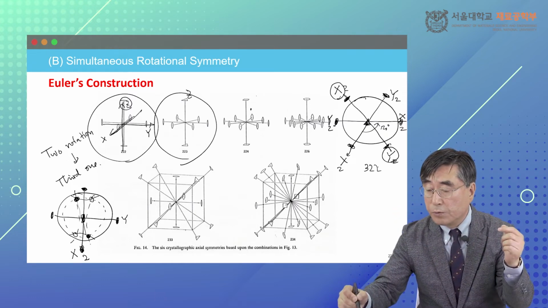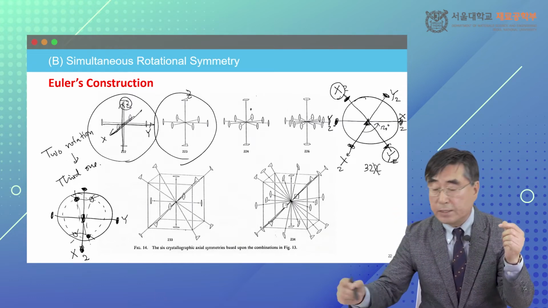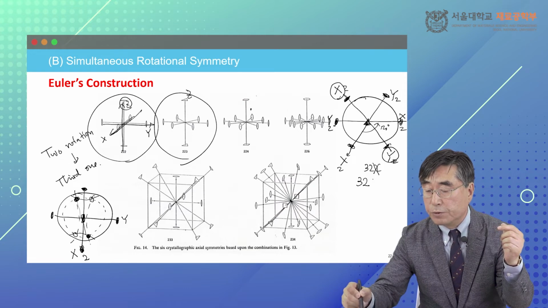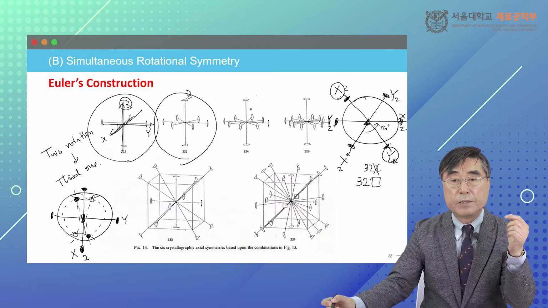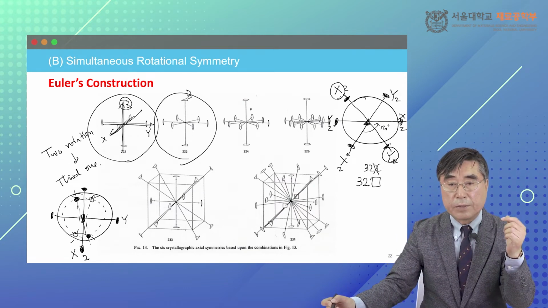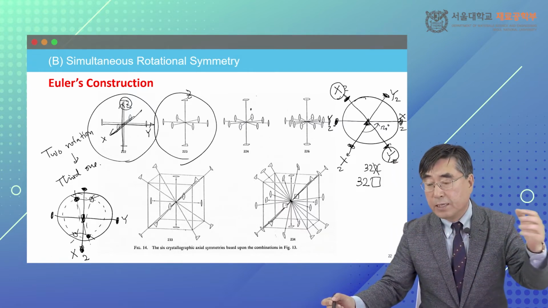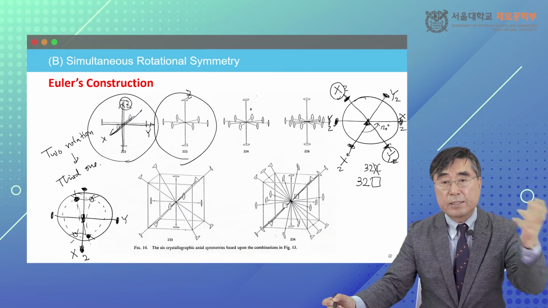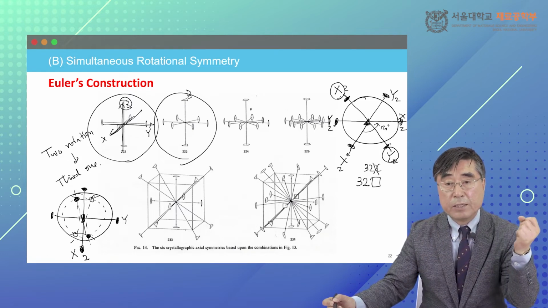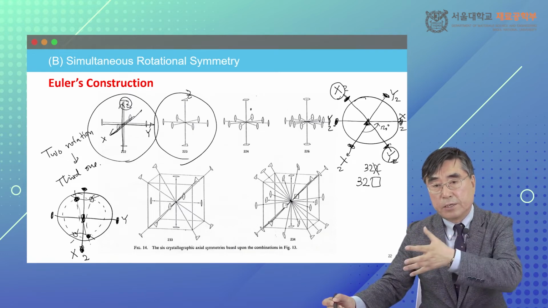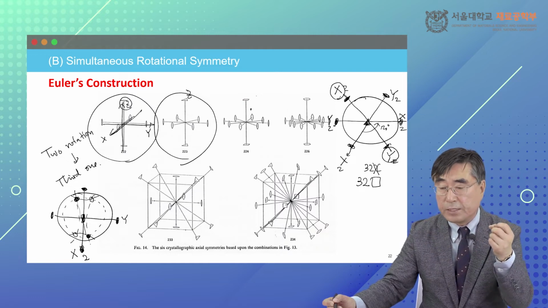So sometimes we don't define this y-axis, we just write down 3, 2, with a blank in here. Because the axis, as a straight line, penetrates. In this arrangement, x-axis and y-axis are the same thing, so we don't have to define the third twofold symmetry elements in here.